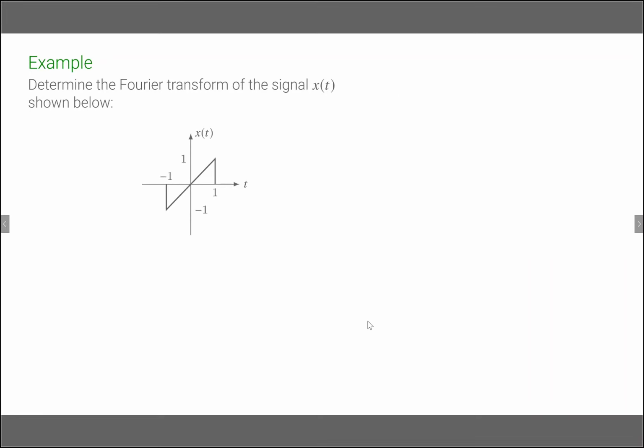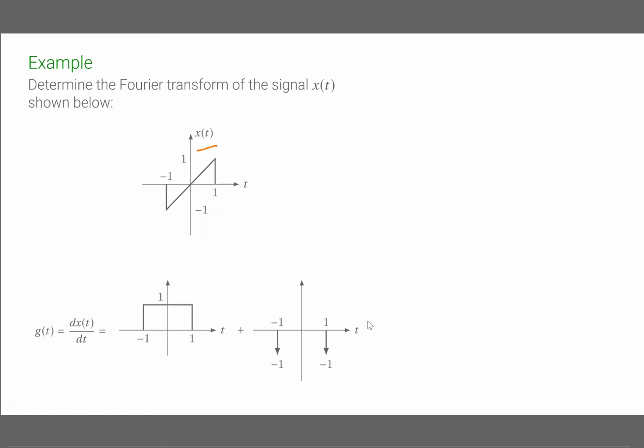Okay, let's take one more example. Determine the Fourier transform of the signal x(t) shown below. So you can see this x(t) is actually the integral of g(t). If you differentiate x(t), we get g(t), but remember we get these two impulses also, because here we are transiting from 0 to negative 1, and here from 1 to 0.